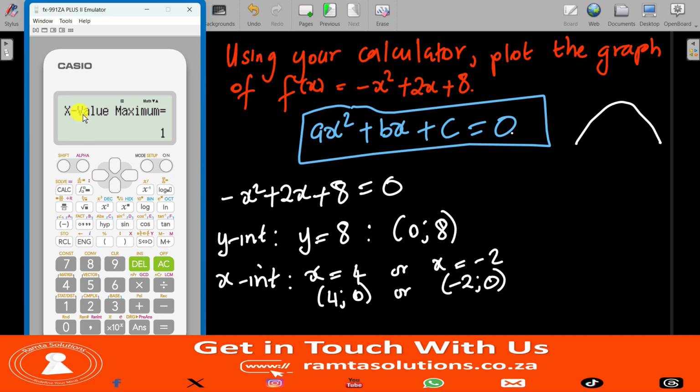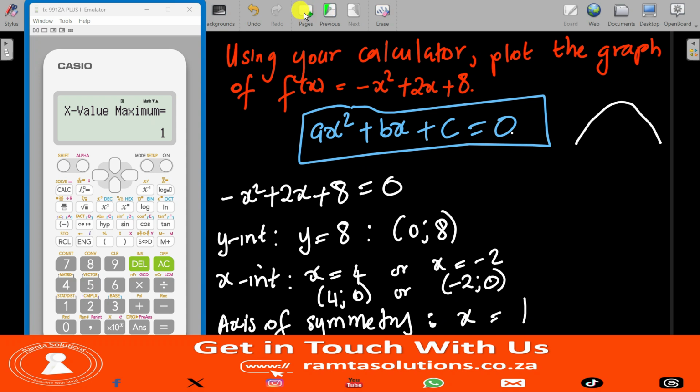What does it tell us? X value of maximum. This is the axis of symmetry. So the axis of symmetry here is x equals positive 1, isn't it?